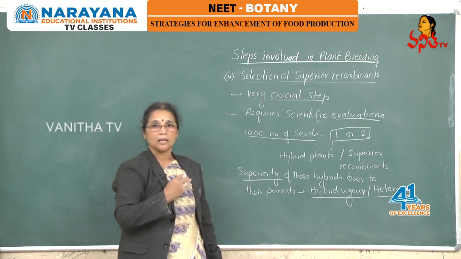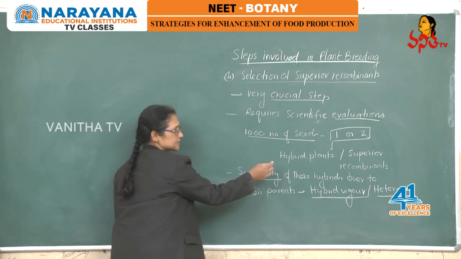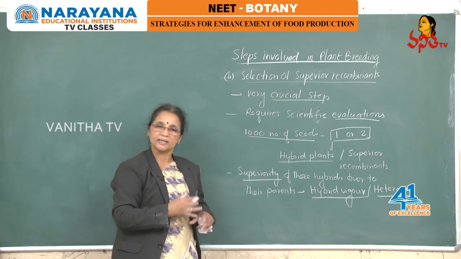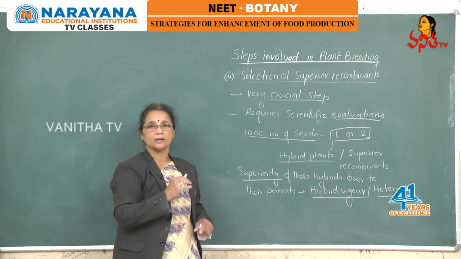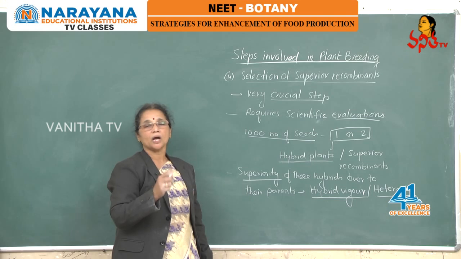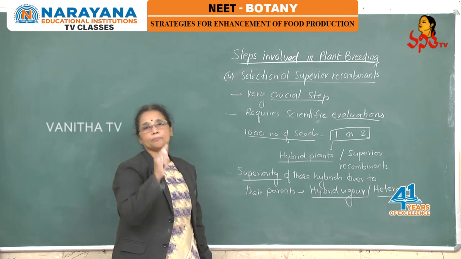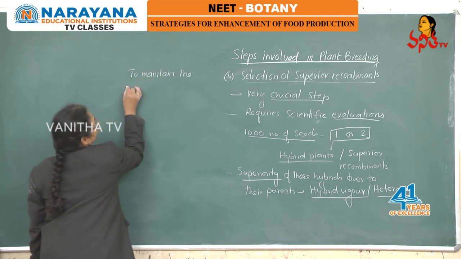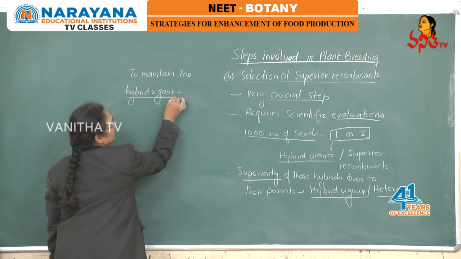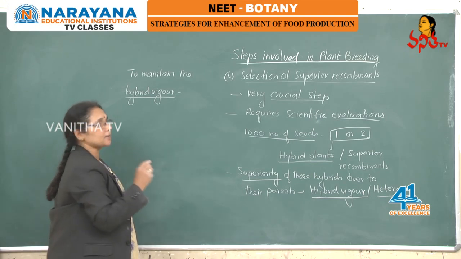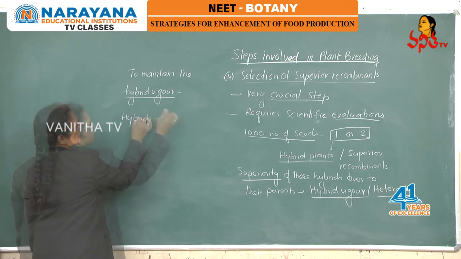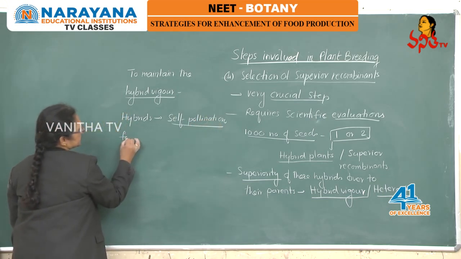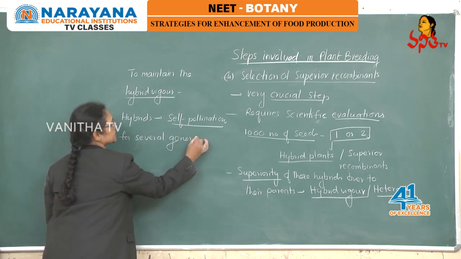How is it possible? If you subject these hybrid plants to cross-pollination again, there is no maintenance of hybrid vigor; recombination of characters will occur again. So strictly we have to maintain this hybrid vigor, which means we have to subject these hybrid plants to self-pollination or an inbreeding program only, for several generations.